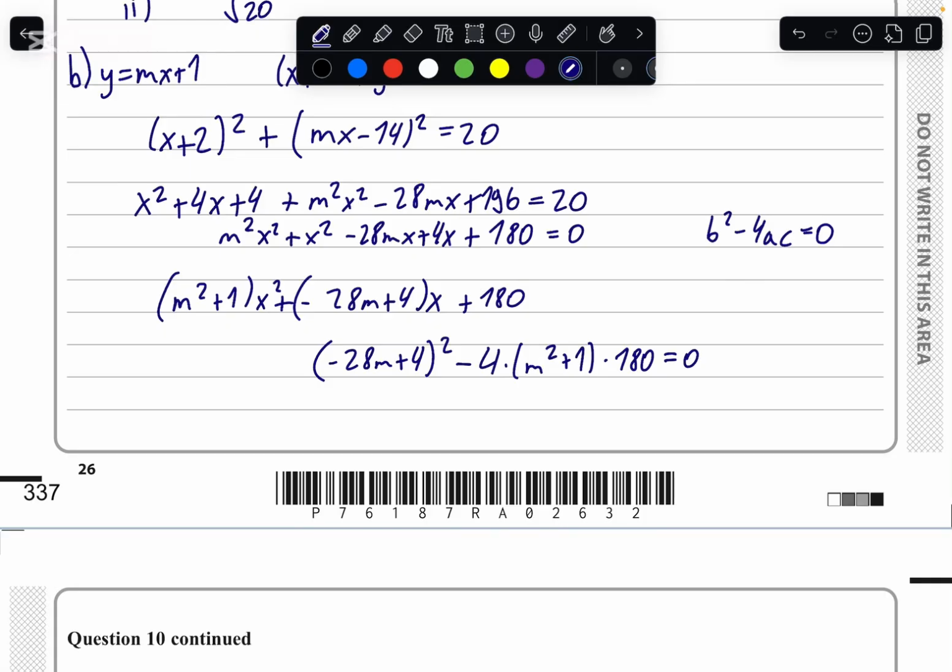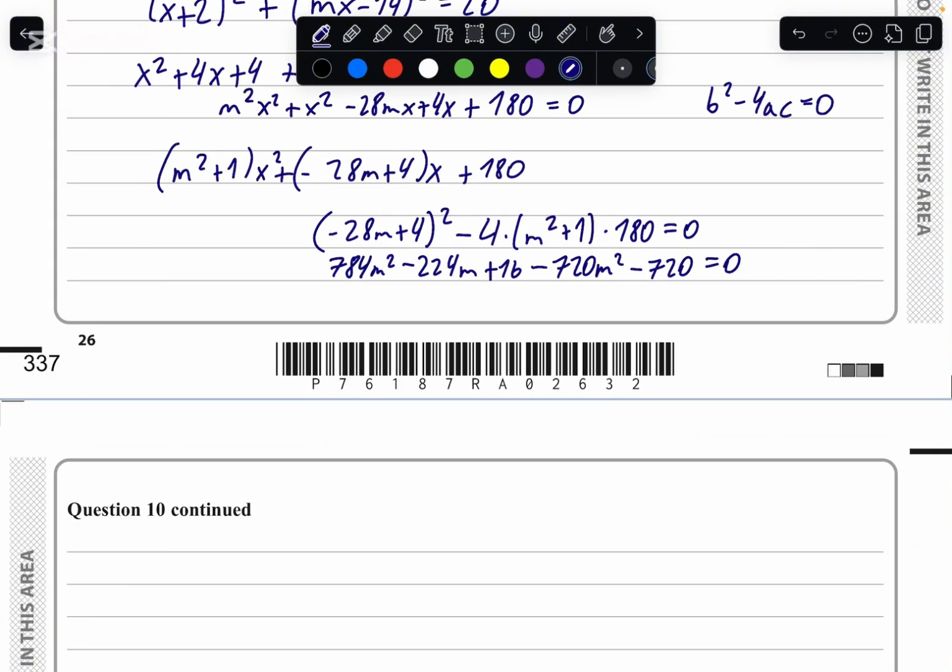If we go ahead and solve this, we'll get 784 m squared minus 224m plus 16, and minus 720 m squared minus 720 equals 0.